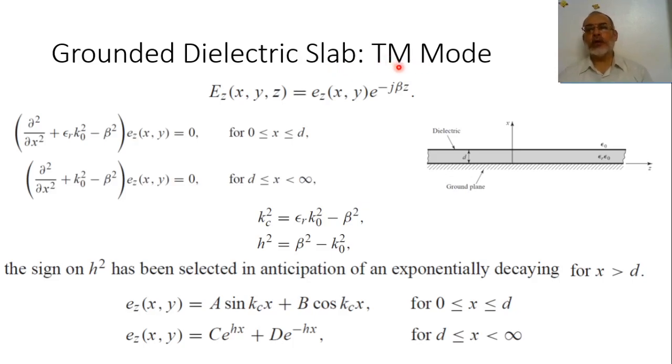If I'm talking about a transverse magnetic mode, this means that the longitudinal magnetic field in the direction of propagation would be 0. However, we have a longitudinal electric field component. Assuming that the direction of propagation is the z direction, we have Ez, the longitudinal component, as a function of x, y, and z.